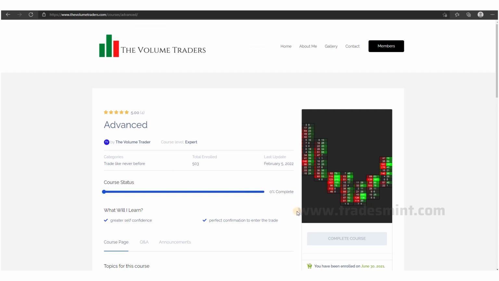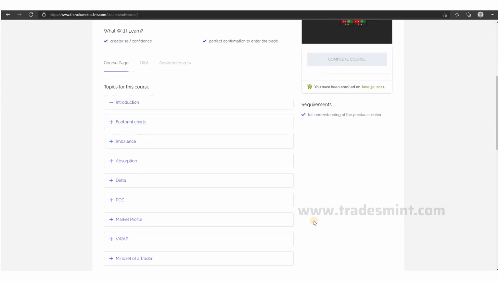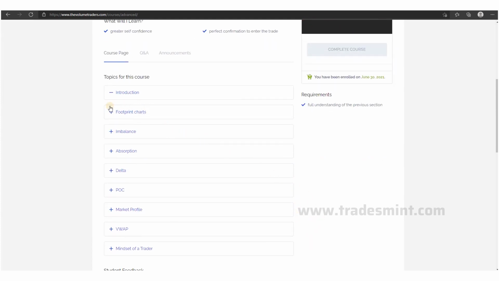I just want to explain what is in these lessons. The main 3 are the first, right? The footprint chart is about what we see there, how to read this, and why this is so important for me.